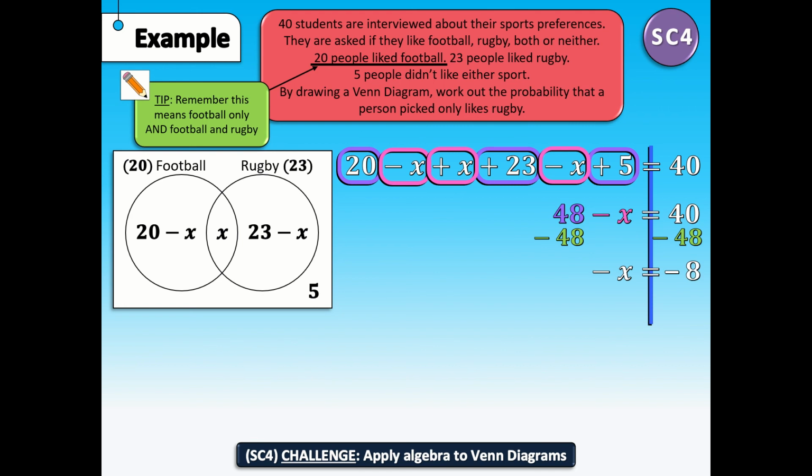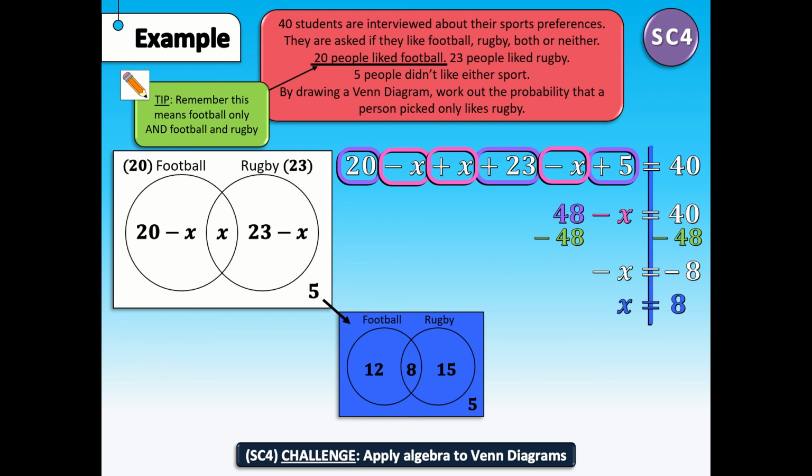So if we solve the equation, we can see that x is 8. So the Venn diagram must look like this. Now we want to work out the probability that a person picked likes only rugby. So that's 15 out of 40.